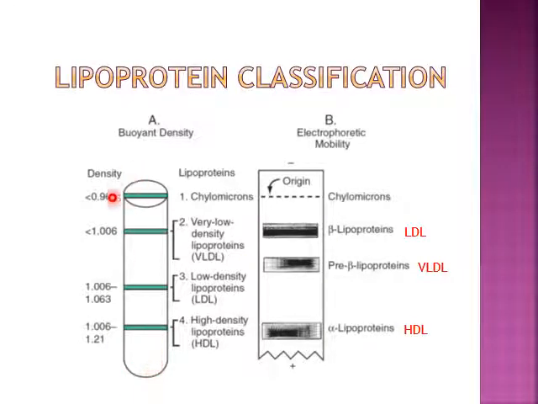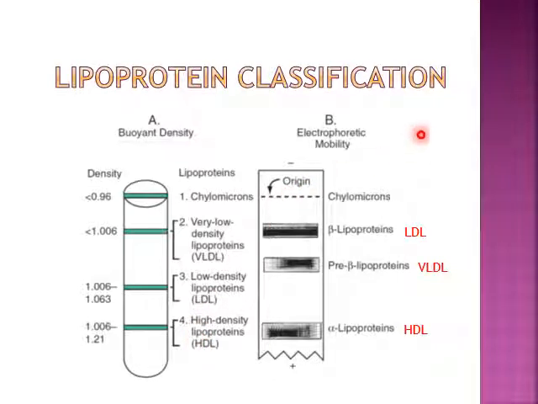So the lipoproteins will be separated in this order. At the top, you have the chylomicrons that have the lowest density, and then you have the very low density lipoproteins, and then LDL or low density lipoproteins, and at last high density lipoproteins or HDL that has the highest density, so it sinks down.